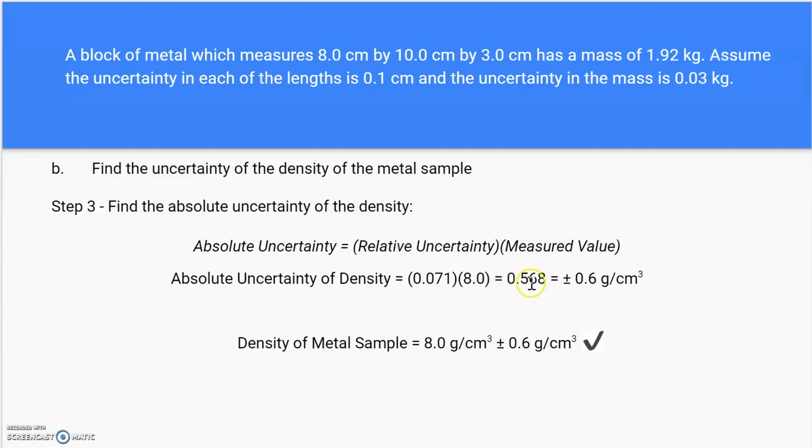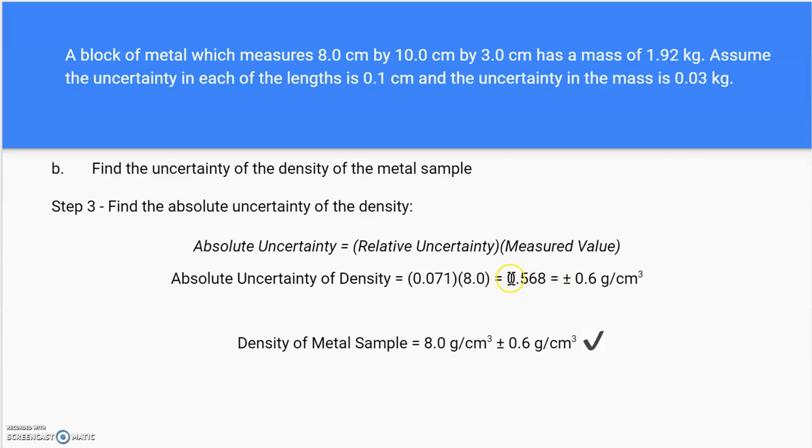Now the significant figures are kind of left aside, and what we need to focus on is having the same degree of accuracy in our uncertainty as in our actual value, right? So we need to have the same degree of accuracy. In the density of the metal sample that we calculated, the degree of accuracy is to the 10th place of the decimal.